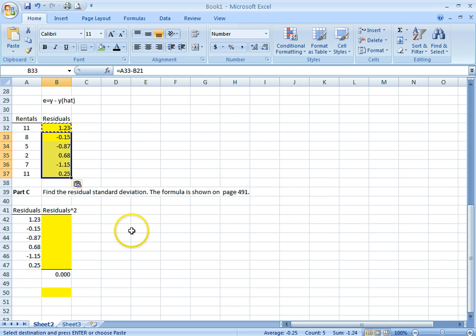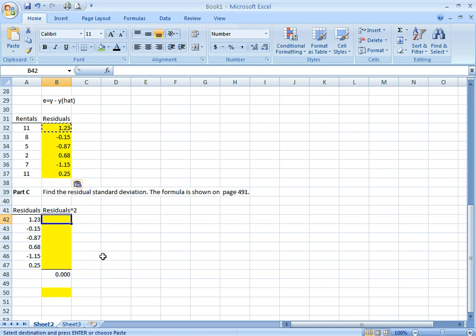So we can start off with finding our residual squared, find the sum of that, and then use the square root of this summation number divided by n minus 2, or 4.